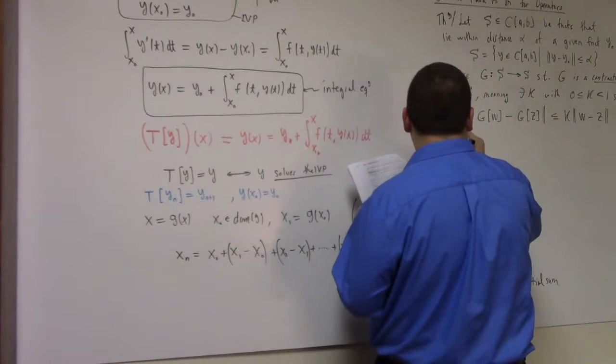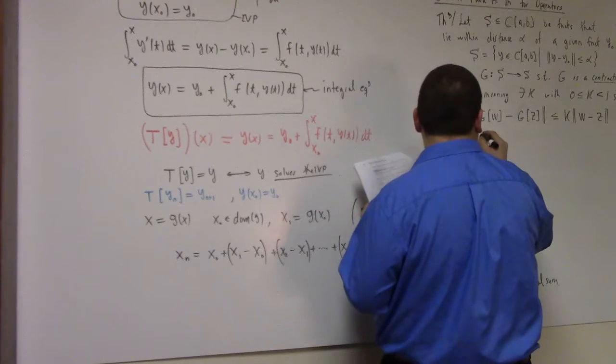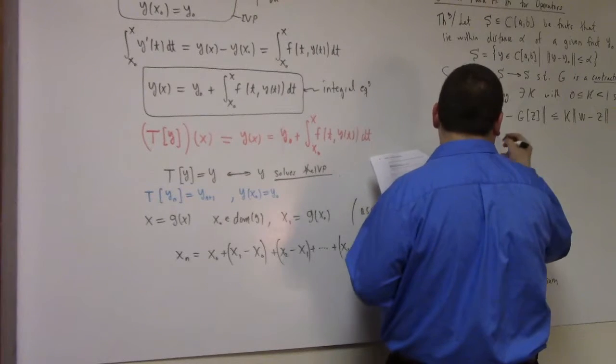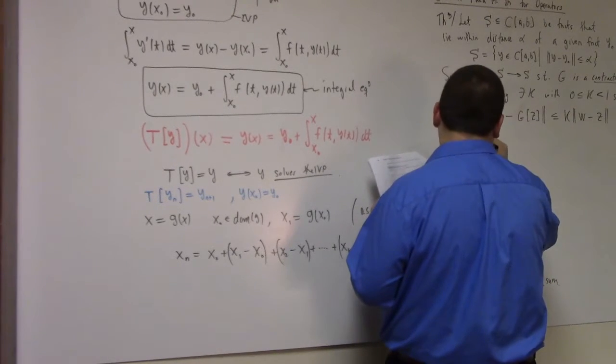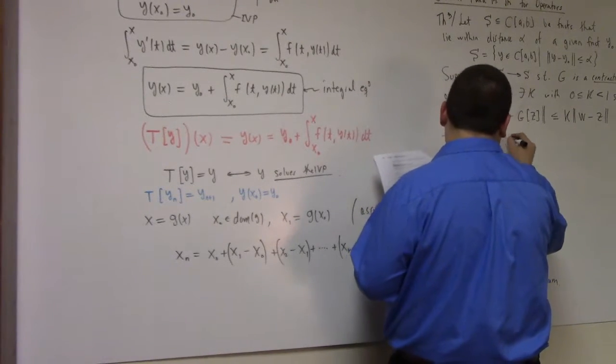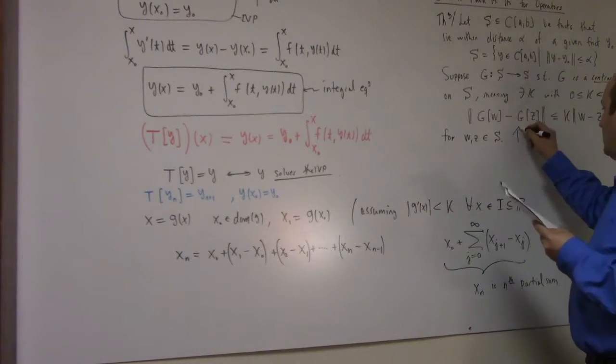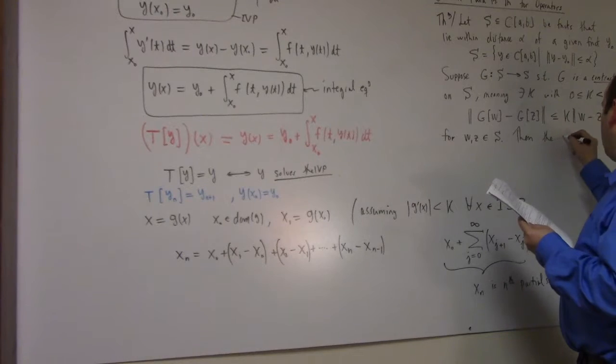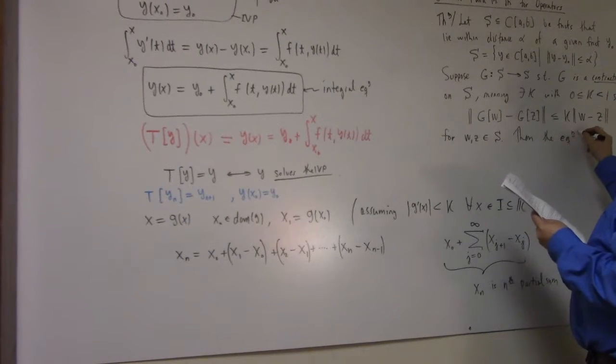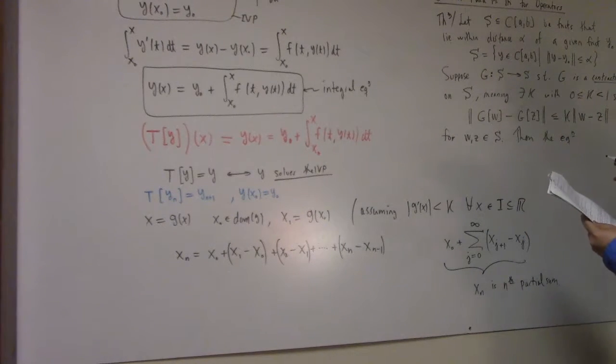So for all functions that are within alpha of the given initial iterate, let's say y naught. What's the punchline? Then the equation. Now this theorem is not quite as greedy as the one we read in Edwards.